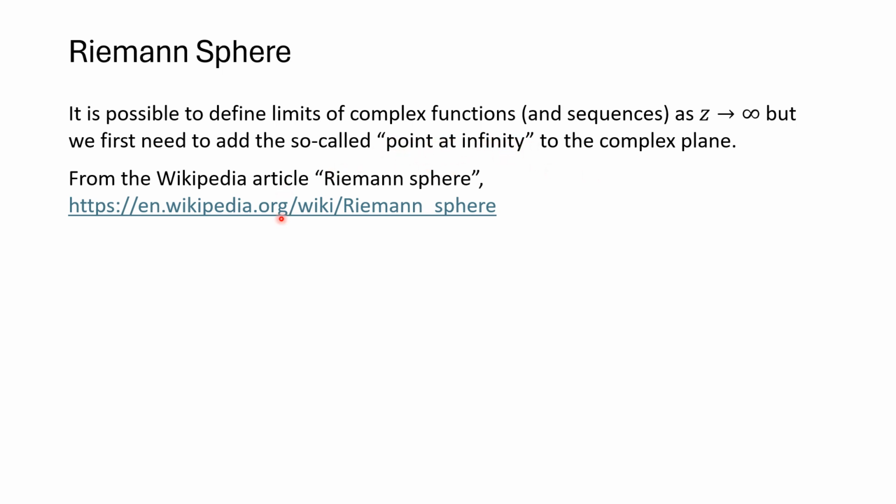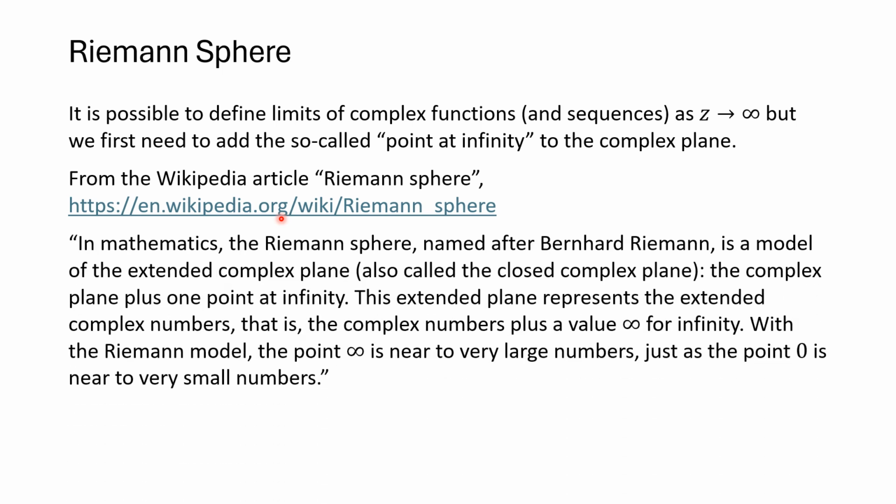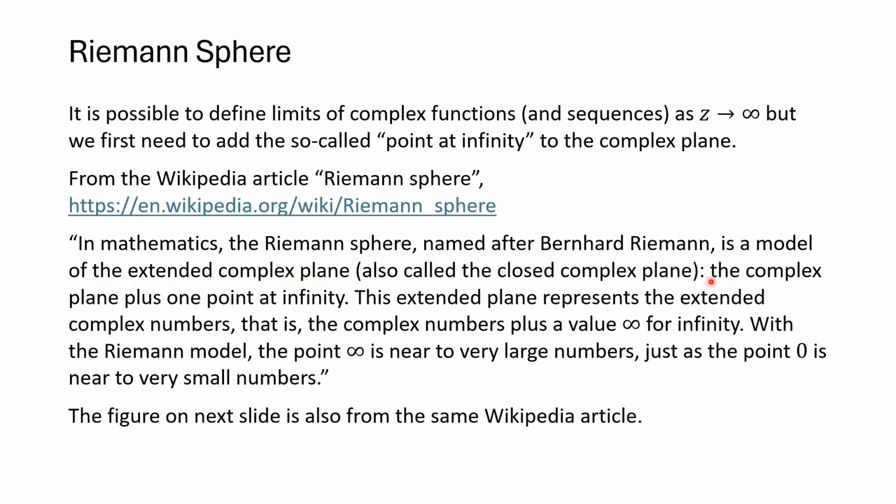And the way that's done is through what's called the Riemann sphere. I took the definition here from Wikipedia. Let me just read it quickly. The Riemann sphere, named after the famous mathematician Bernhard Riemann, is a model of the extended complex plane, also called the closed complex plane. It's basically all the complex numbers plus one point at infinity.